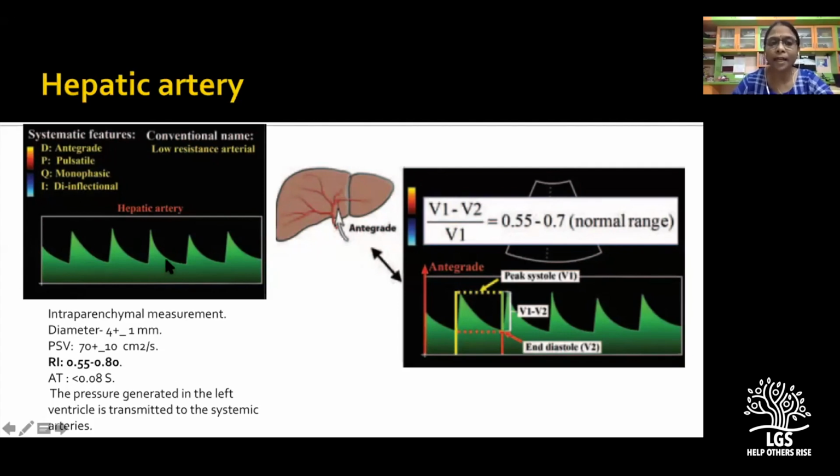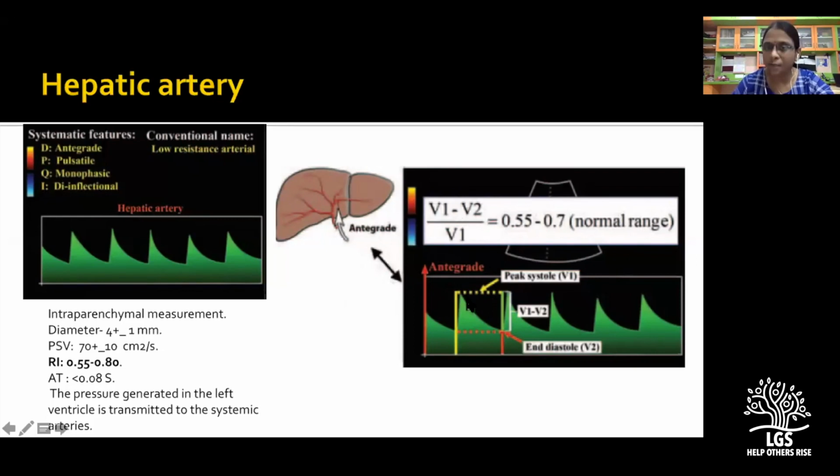So the hepatic artery waveform is an antegrade waveform, and it is pulsatile and monophasic, and the peak systolic velocity is usually 70 plus or minus 80 centimeters per second. What is more important in the hepatic arterial waveform is the RI, which is the resistive index. It is a quantitative measurement of the impedance to the flow. And how we measure the RI is that we have to take the peak systolic velocity and the end diastolic velocity.